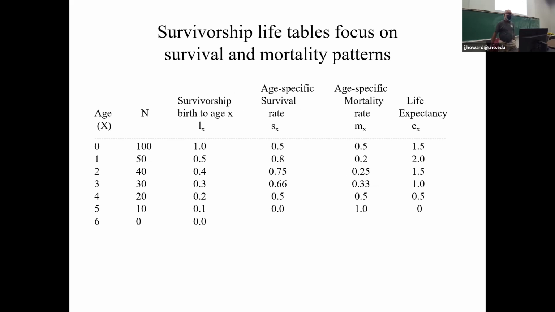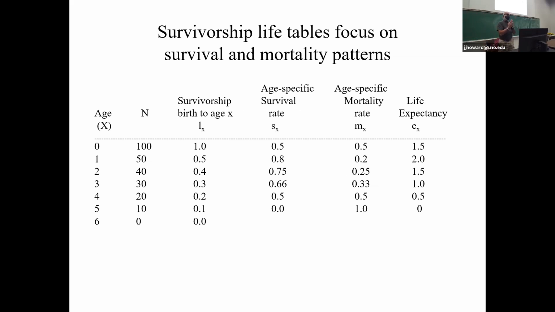So this is what that total table would look like. And of course, at the very end of life, regardless of whether your life expectancy goes up at some point, it's going to go down to 0 eventually. But don't be suckered into thinking that life expectancy is highest for newborns, because it's not always. Okay.